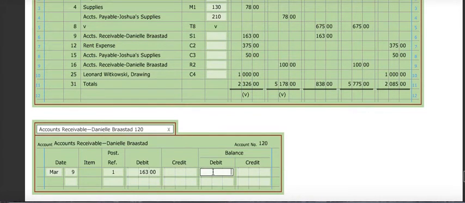There's no extra math happening right now. We're just bringing that 163 down, carrying it over to have a balance of 163. And the last step is putting in 120 here because we put that number in our general ledger for Danielle Braistad, whose account number was 120. So if there's an error later, we can go back and say, okay, we must check our general ledger 120 for that. So looking for the name makes it a little bit easier.